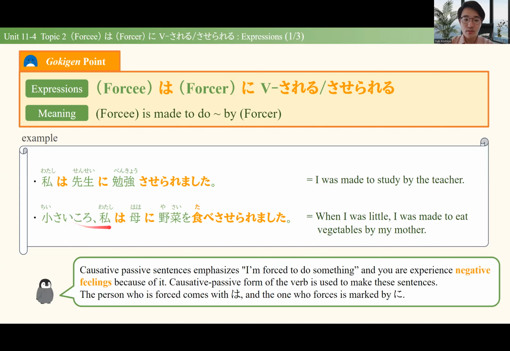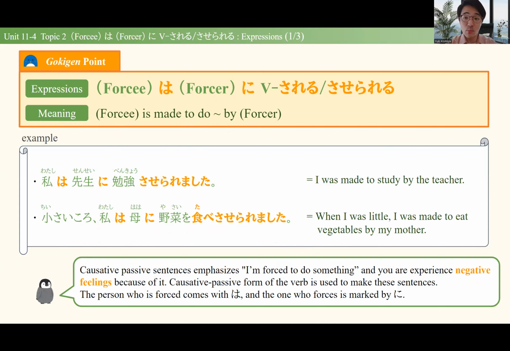小さい頃、私は母に野菜を食べさせられました。私 is the foresee. 母に, that's the forcer. 野菜を食べさせられました。食べさせる、食べさせられる。This is the causative passive. I was made to eat vegetables by my mother. Again, the negative feeling is the key here because we are using the passive form. The key concept of passive form is the negative feeling.